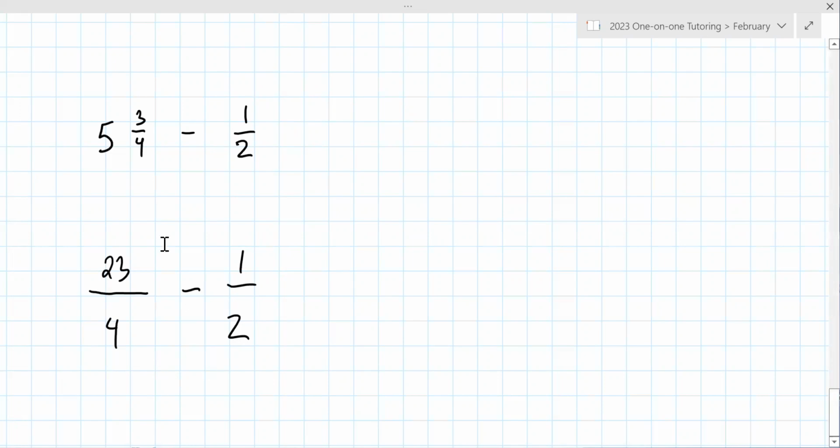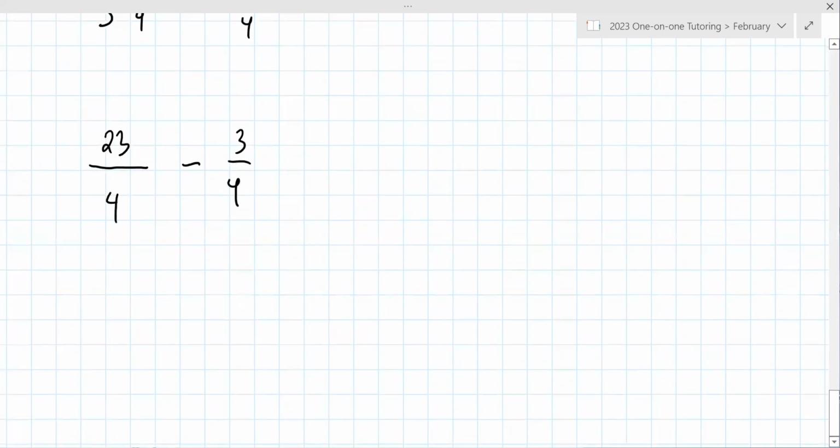You should do... they subtract it. But the bottoms aren't the same. So you can't subtract them unless the bottoms are the same. Okay, so let's change this up here. Let's just say it was 3/4. Can you subtract them now? Yes.